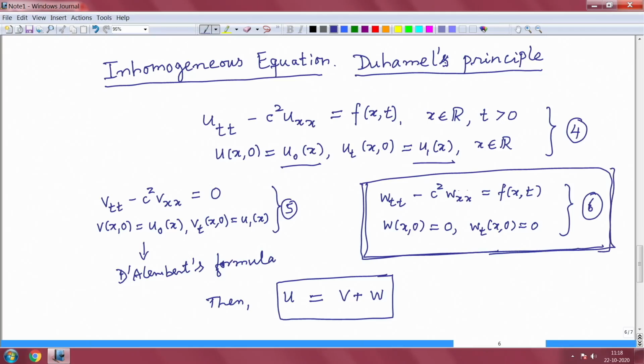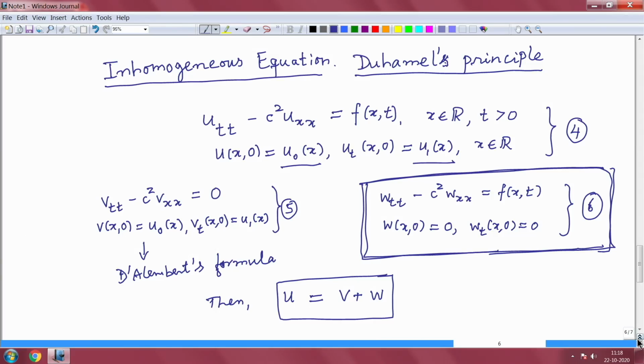So, welcome back, and now we will complete, we write down the formula for the solution of this problem 6. So, let me write once again that formula.